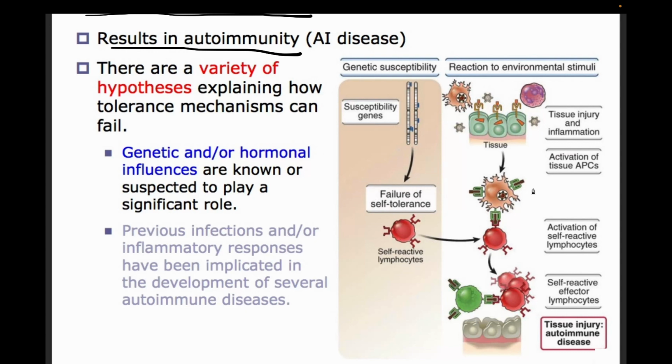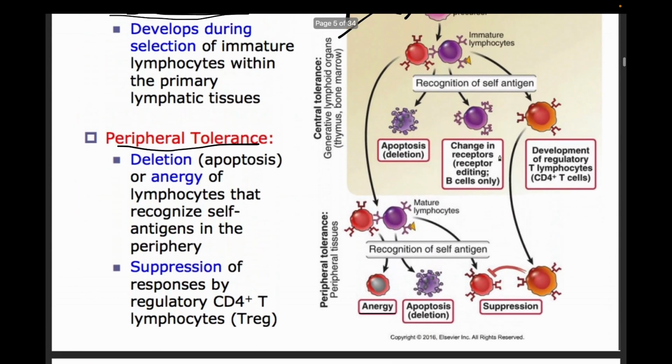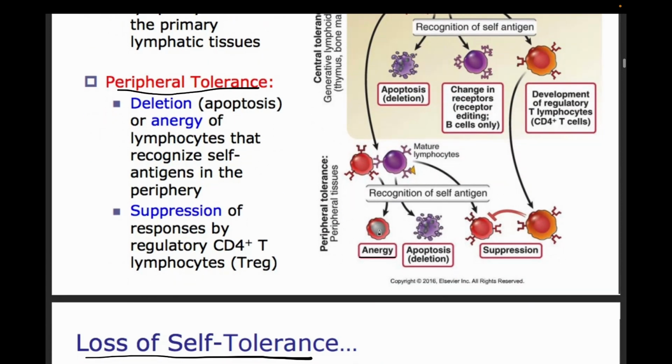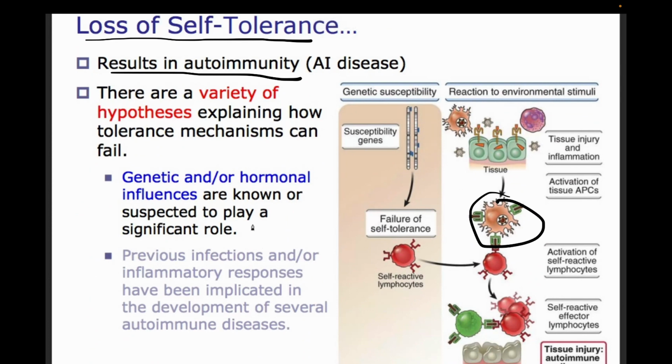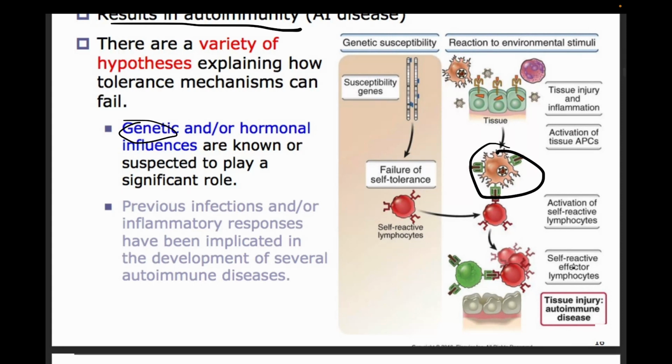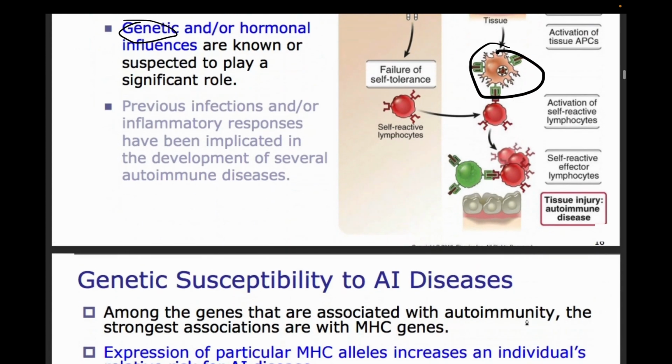Self-reactive lymphocytes are activated due to these genetic or hormonal influences when they recognize the self-antigen that is carried by the APC. هسه APC carries the self-antigen, activates the self-reactive lymphocytes, and it is not suppressed. احنا اخذنا انه peripheral tolerance we have mechanisms: either apoptosis or anergy or suppression, but due to defects caused by genetic causes, its suppression ما يصير. فالself-reactive effector cell will proliferate and will start attacking the body tissue وإلى آخره.